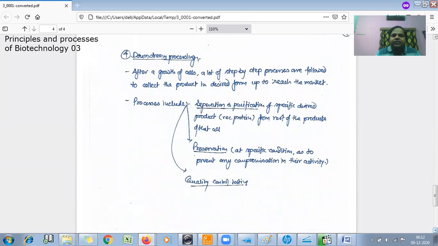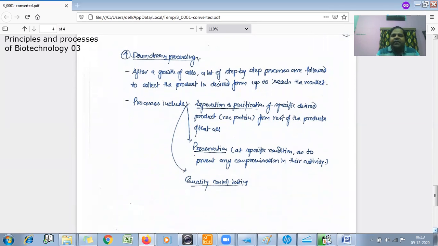First is the separation and purification of the specific desired protein, or recombinant protein. It means the host will also produce some non-essential proteins. So we need to separate our recombinant protein out of the total protein. So it will be called separation.